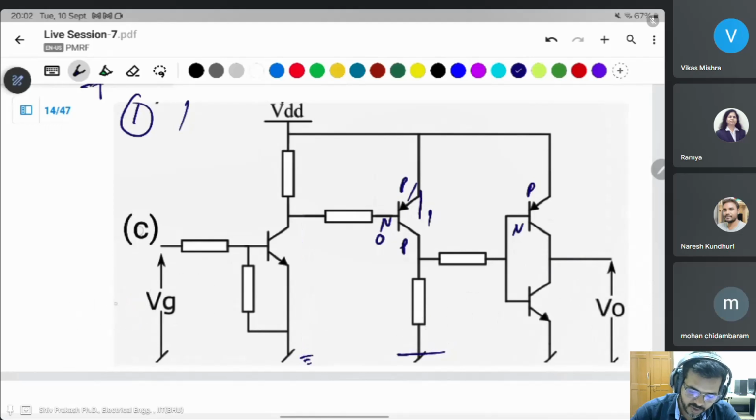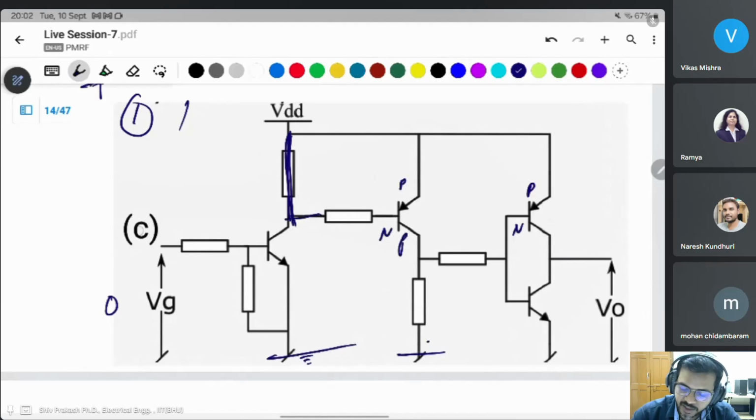Okay, if you give it 0, then what happens? This will be off. If this is off, then no current is flowing, this same voltage appears at the base of the PNP transistor.